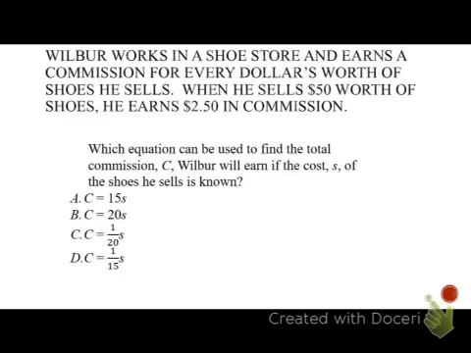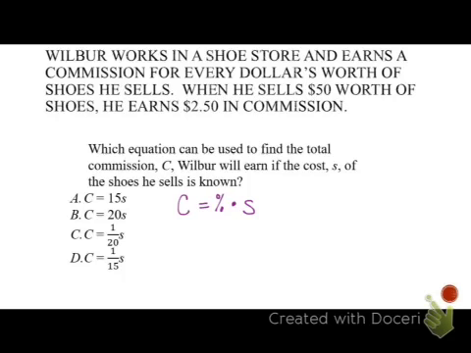The cost is going to be S, and the commission will be C. Commission is earned by a percentage of sales. So a percent of sales is how we're going to figure out our commission.